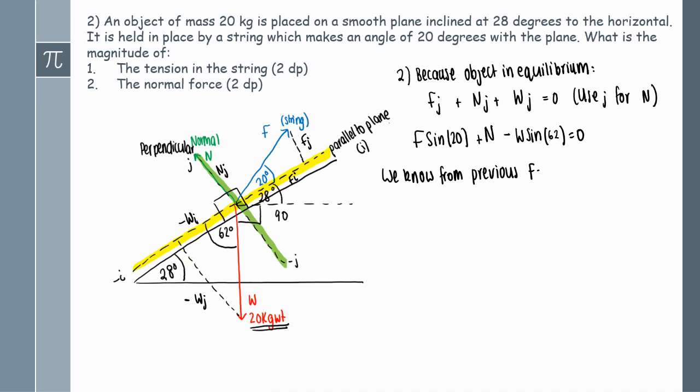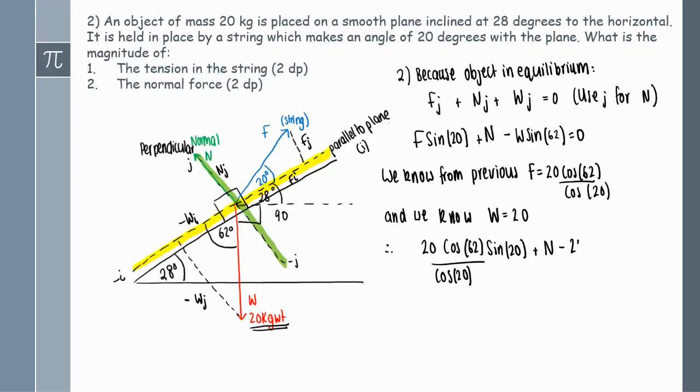Now we can fill in for F because we found that in our previous part of the question. In exact form, we know that F was 20 cos 62 over cos 20. And we know what W was as well. W is just the weight, which was 20. If I sub all of this into the equation, this is what we get.